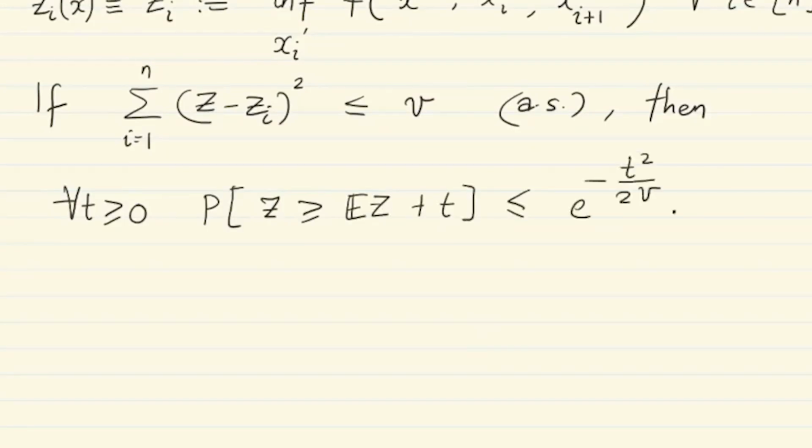So we got a sub-Gaussian tail bound with the sub-Gaussianity constant depending on the almost sure upper bound on the summation of (Z minus Z_i) whole squared.